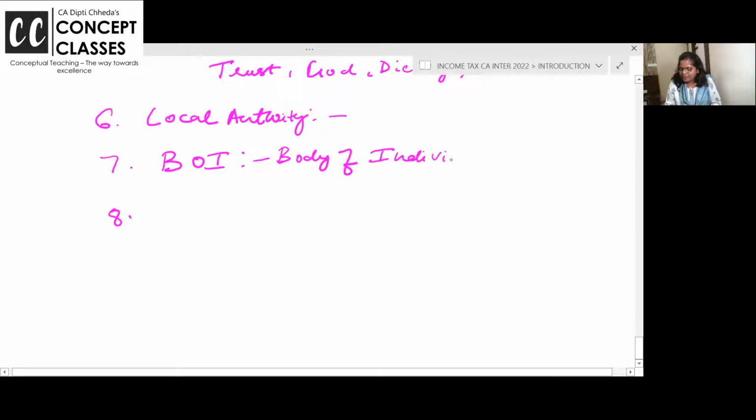I hope my speed is fine. This is not looking like all theory, all are following the concept. Write down, body of individuals. अब इसको थोड़ा सा डिस्कस करेंगे. What do you mean by body of individuals? Are you now clear who are individuals? All the people who are liable to pay tax.